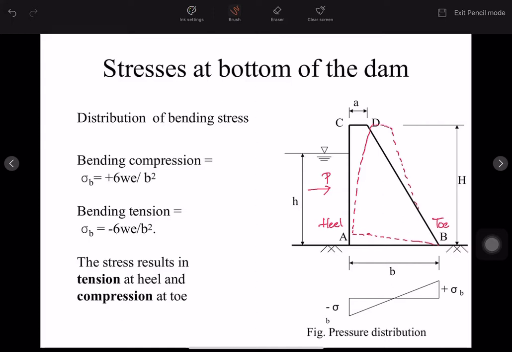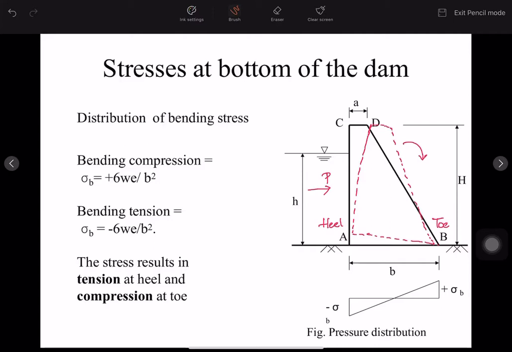It is just an imaginary thing. Actually it doesn't happen like this, but it may have an effect like this because of horizontal pressures and various other forces, wind pressure, wave pressures, etc. Because of such pressures, the dam may try to overturn to this side.